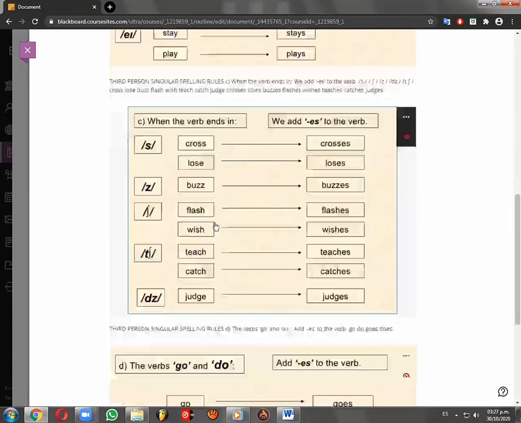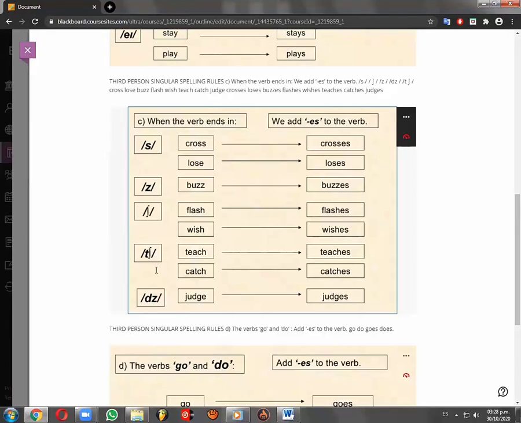So this is our example. Flash, because not only do we add es with this letter or intonation. Also, you can add es with this intonation or sh, okay.